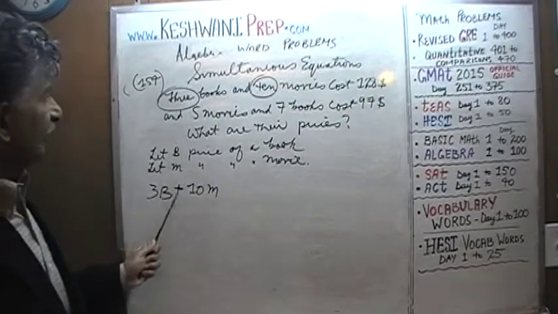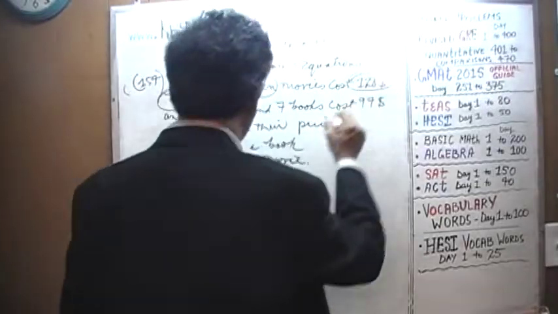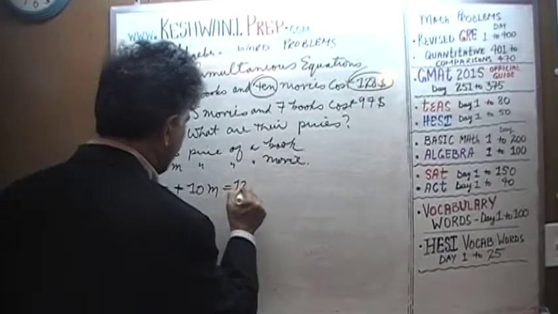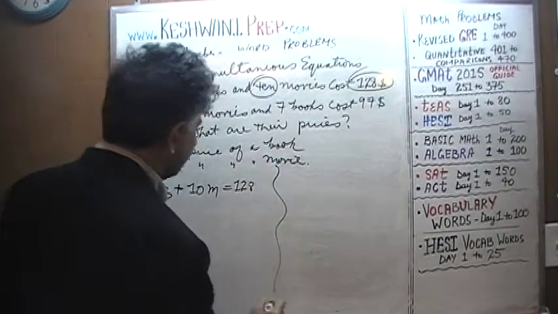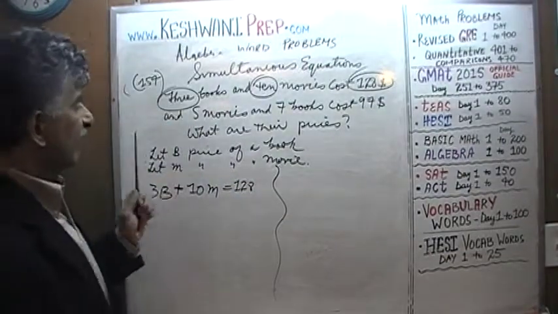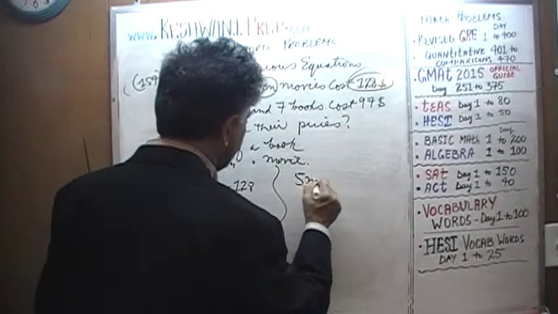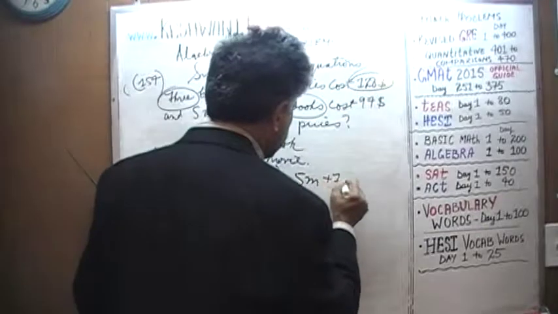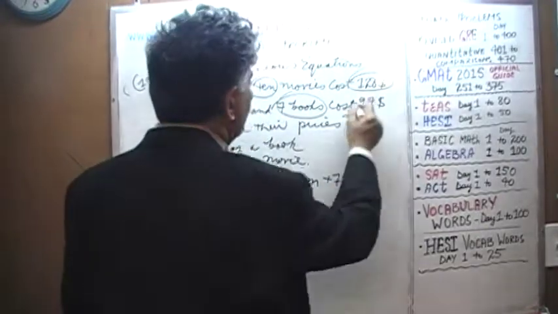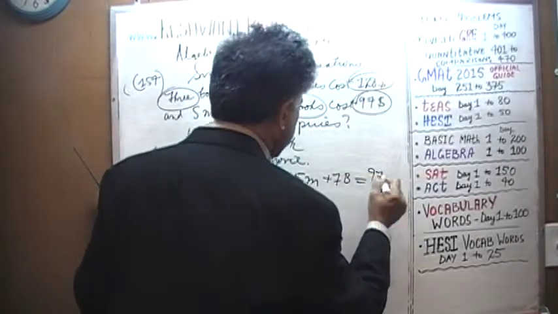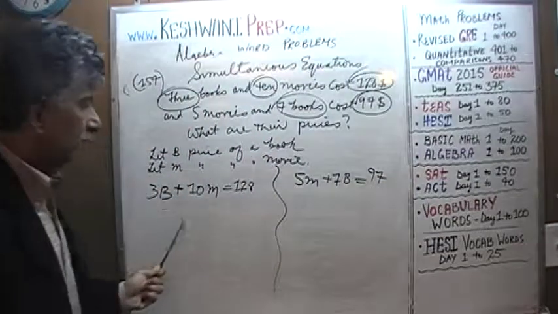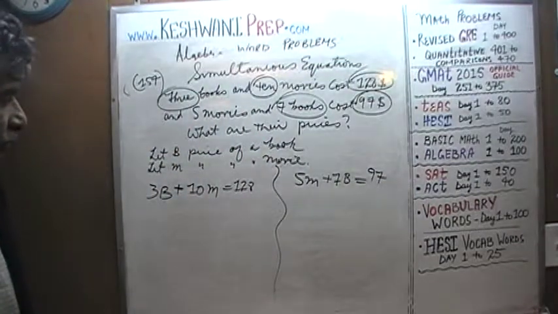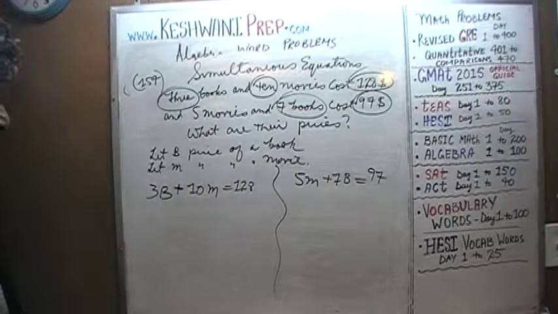So 10 movies and 3 books cost $128. We are further told that 5 movies will cost 5M, and 7 books, they would cost $97. Those are our 2 equations. That's what we have to work with.